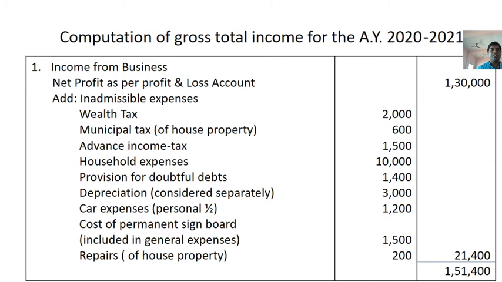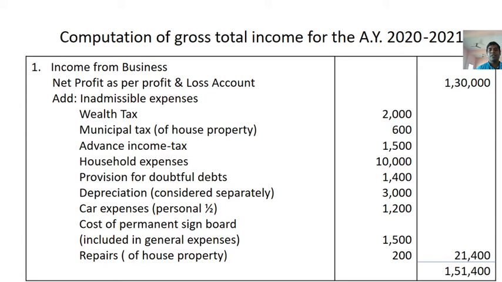Excess depreciation charged, or depreciation, we need to consider separately. These are all disallowable expenses, and are added back to net profit. So we add all four categories of inadmissible expenses to net profit.